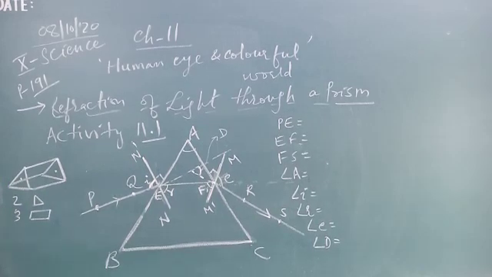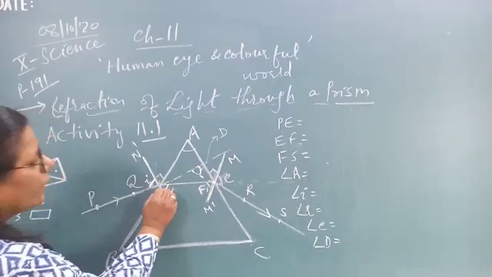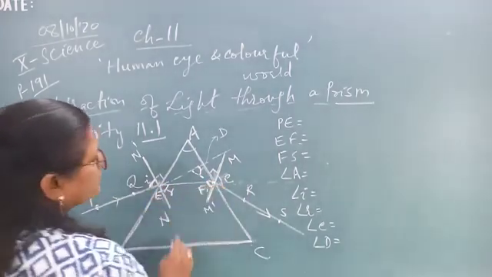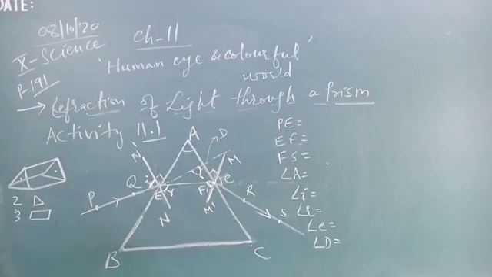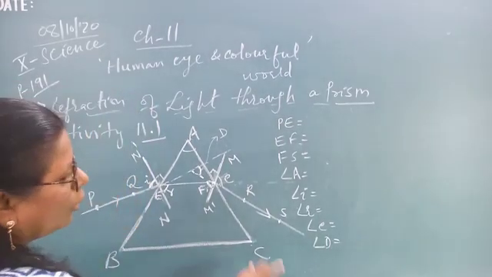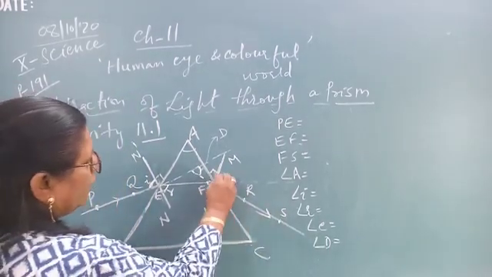And the angle of refraction: on this side this is the angle of refraction, and on this side this is the angle of refraction. Both these angles are formed inside the prism, and they are denoted by small r. These are called angles of refraction.